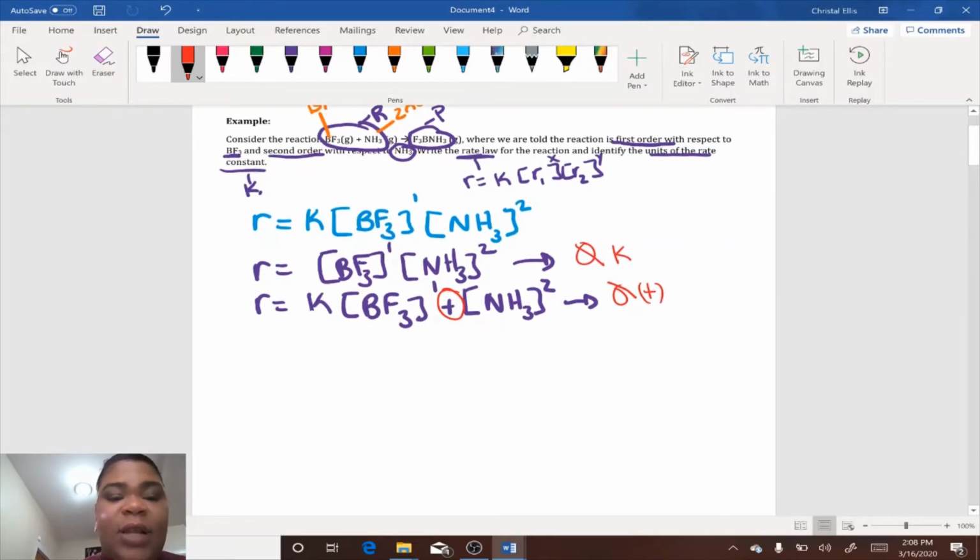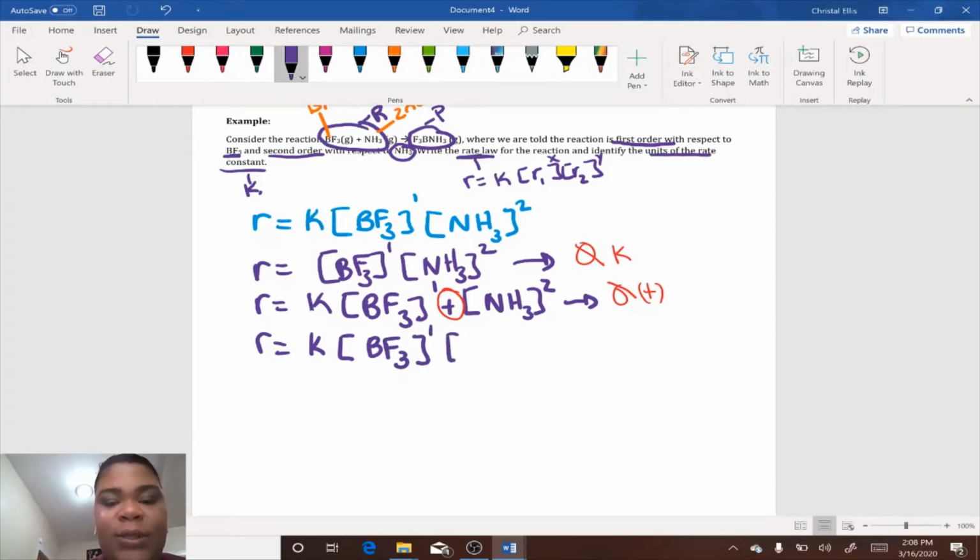Another way that scholars mess up is scholars go R is equal to rate constant K, concentration of BF3 raised to the first power, and concentration of NH3 raised to the first power. What do you think is a scholar's mistake here?